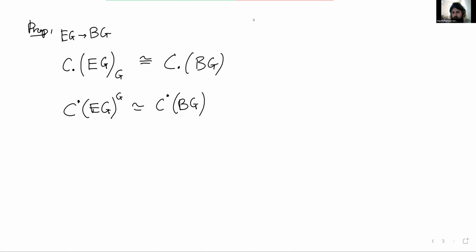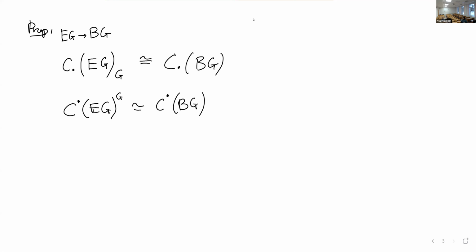Okay. So what Grisha is telling us is that there's a category obtained from the action of G on itself, and the nerve of this category is a model for EG. Presumably the category is as follows.